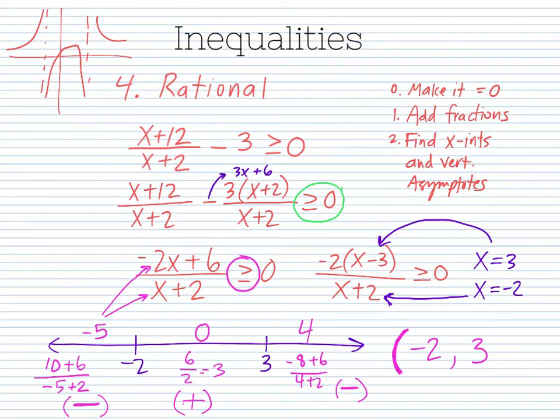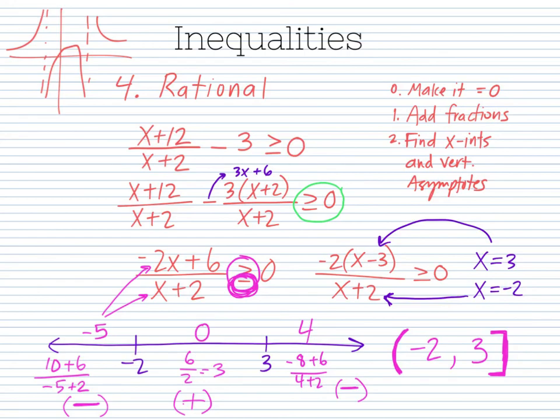So what about at 3? Does 3 work? Because this is greater than or equal to, then 3 actually does work. So we're going to use square brackets. Usually the round parentheses or square brackets will be based on whether or not we have an or equal to, but if it's the vertical asymptote reason for changing plus to minus, then you're going to want to use round because parentheses mean it's not included and it can't be included if it doesn't exist.